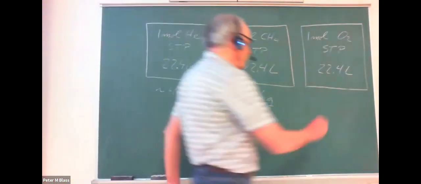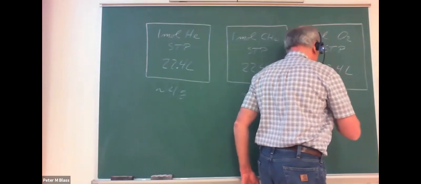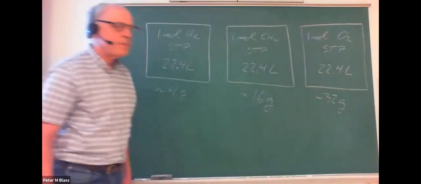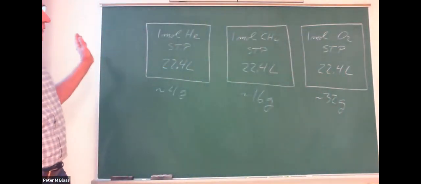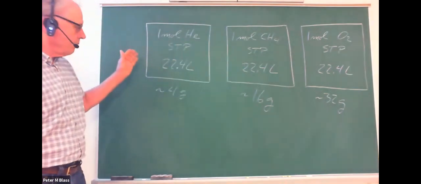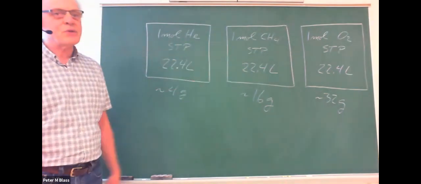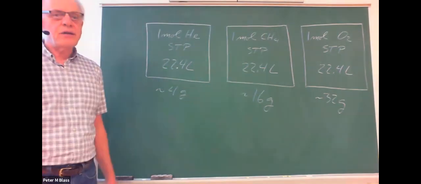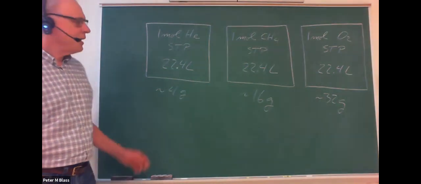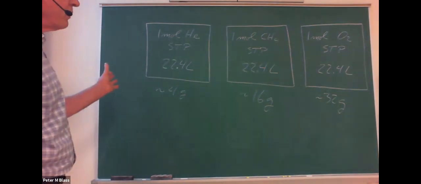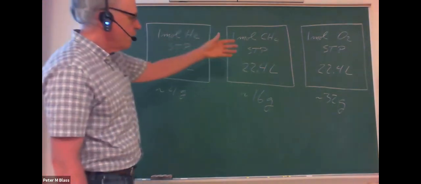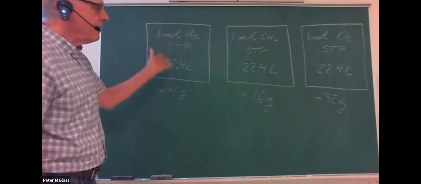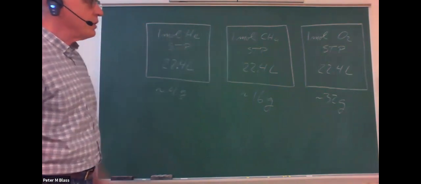And this one, of course, approximately 32 grams. Okay, so we have the same volume, but dramatically different masses. So one thing is for sure, the density changes. The density is different for these different gases. They have different molar masses, and as a result, their density is different.